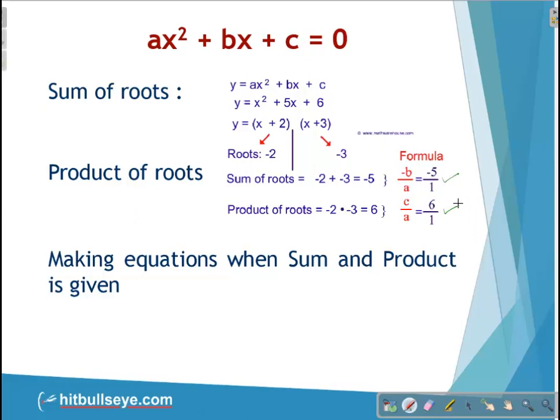So we could even make an equation when we know the sum and the product. The equation when sum and product is known is x square minus (sum) x plus product equals to 0. So students, I hope the sum of roots and the product of roots in a quadratic equation is clear to you.